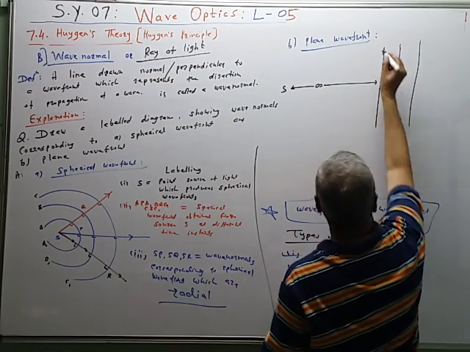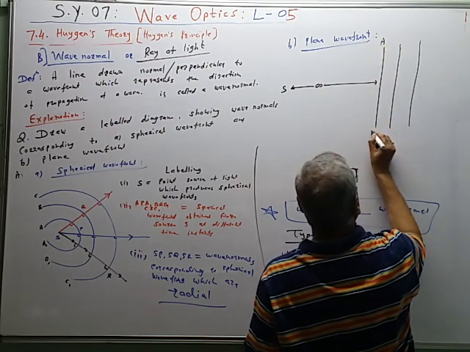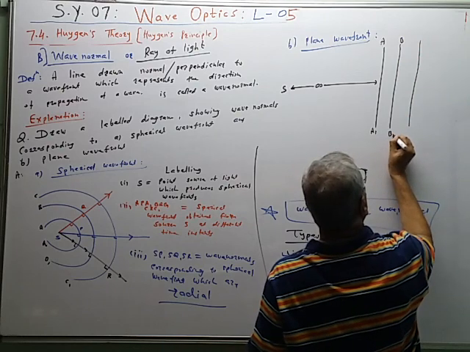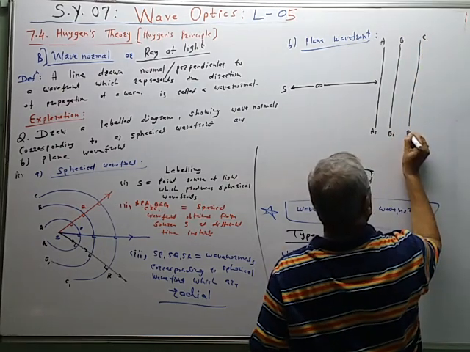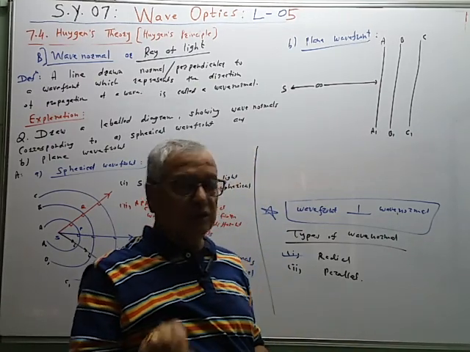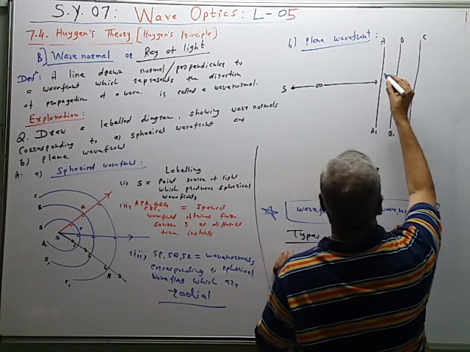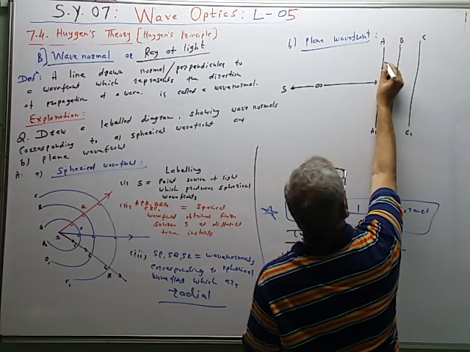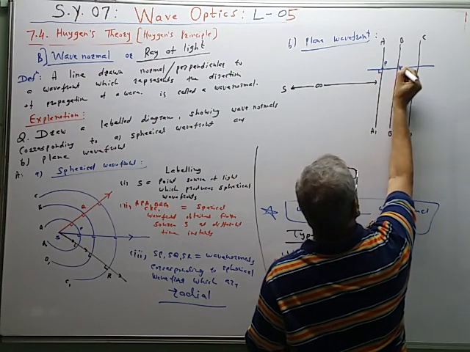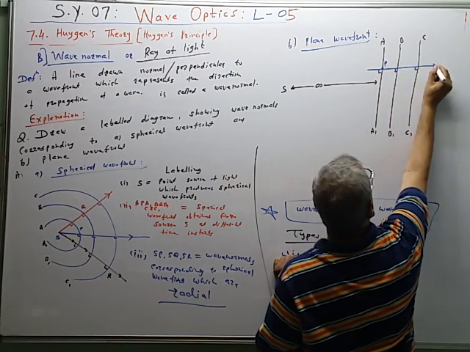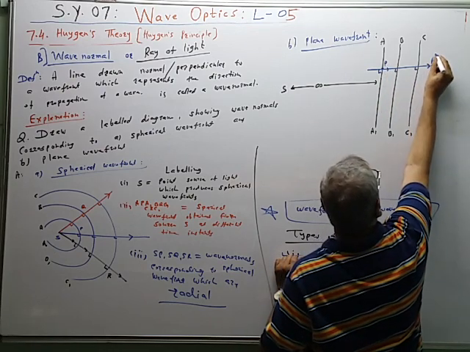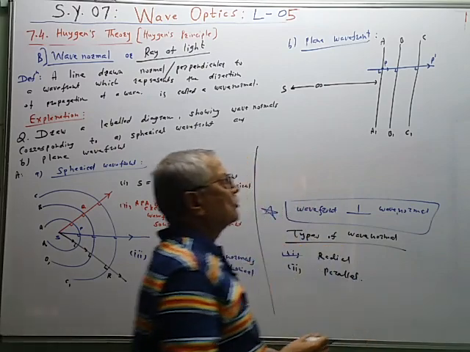So we will use the same names, A1, B1, C1. These are the plane wavefronts. Now, on the first wavefront, if we consider the point P here, then if we draw a normal, this angle is 90 degrees, this angle is 90 degrees, this angle is 90 degrees. So PP dash is the wave normal.